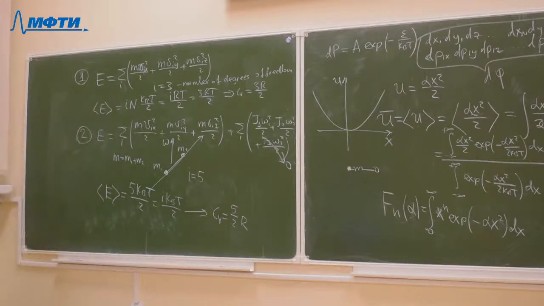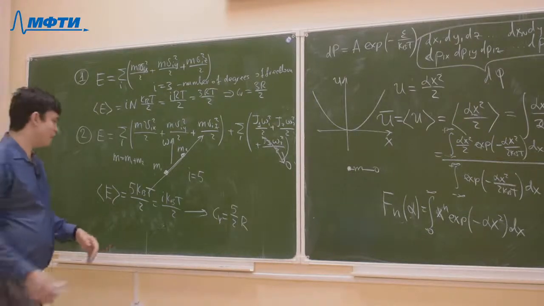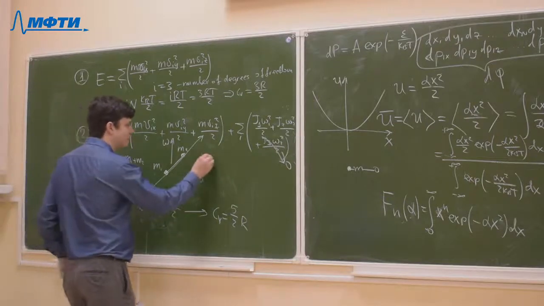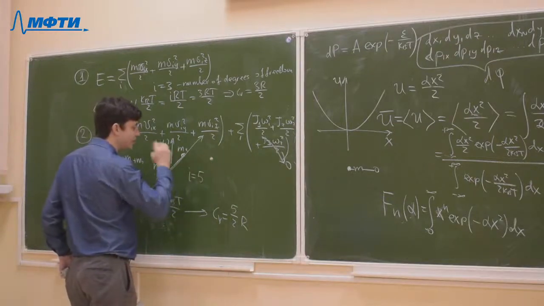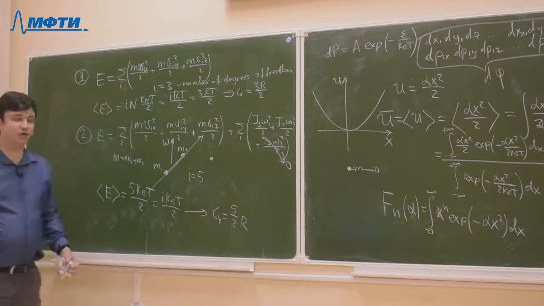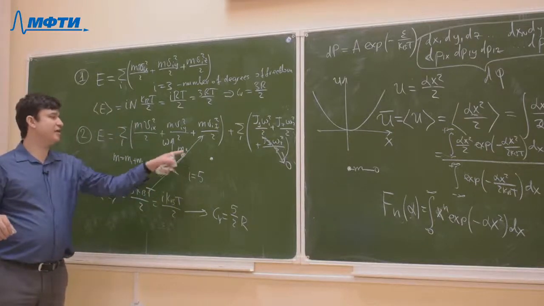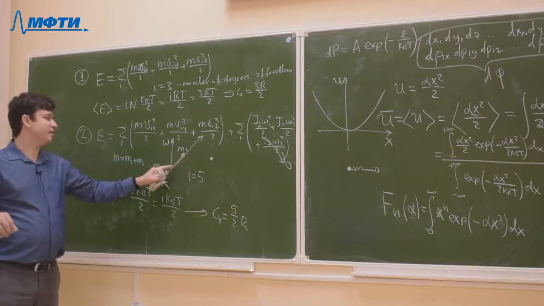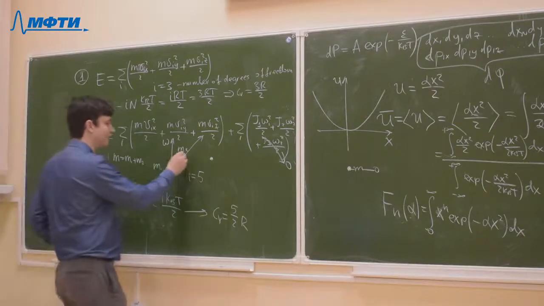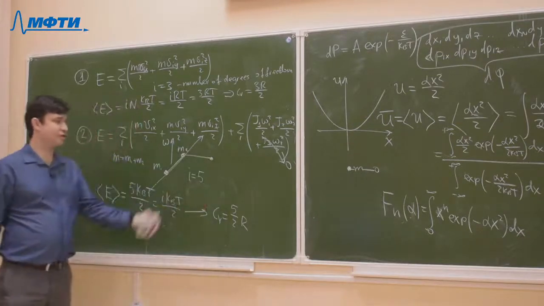Okay, I can do a similar procedure for 3 and more atomic molecules. Here, when I have more than 2 atoms, I add another one. And in general, the third atom is not located on the same axis as the first 2 atoms, so we have some kind of a spatial construction like this.